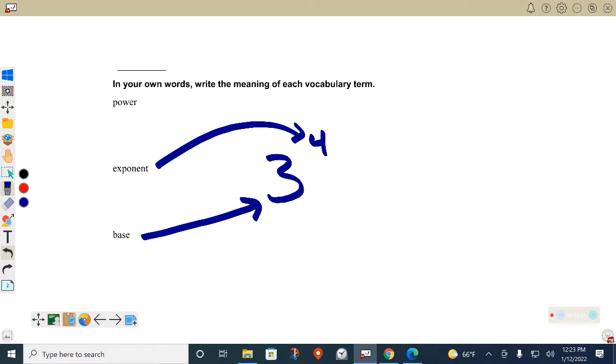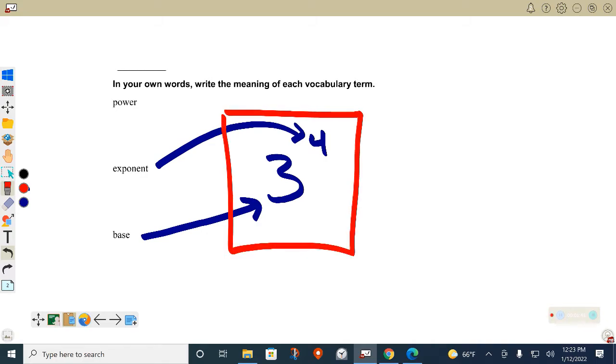Well, that's the exponent though. No. 3 to the 4th means 3 times 3 times 3 times 3. Someone else said something else? The whole shebang! Put a box over the 3 and the 4. The power is the exponent with the base.